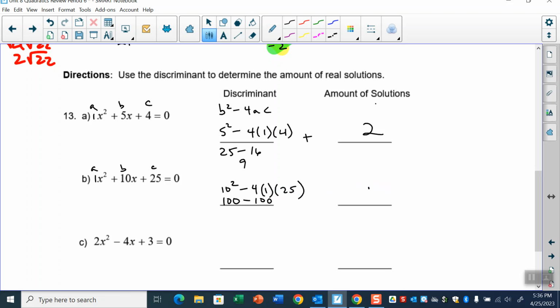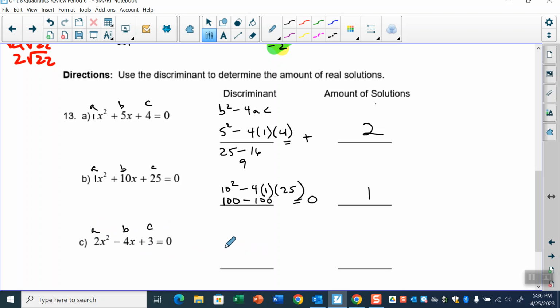All right, and so that is going to give me one solution. If it equals 0, there's only one solution, because when I do plus or minus the square root of 0, it's 0.